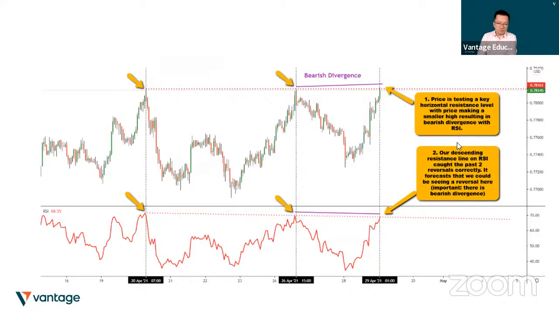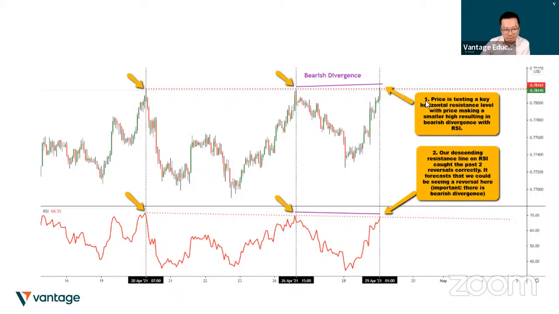Some examples here. You can see that firstly, price is testing a key horizontal resistance level. This is the one thing I want to pay attention to. The second thing I pay attention to is support or resistance levels.